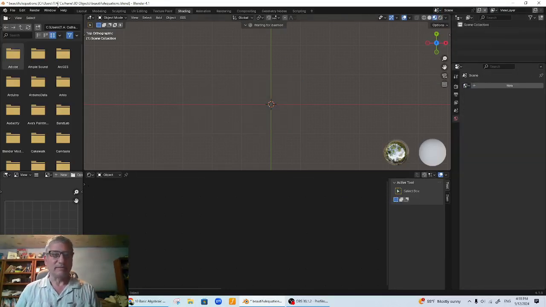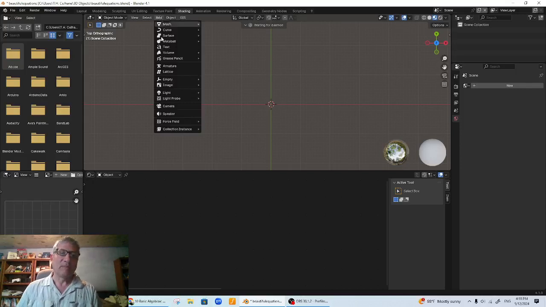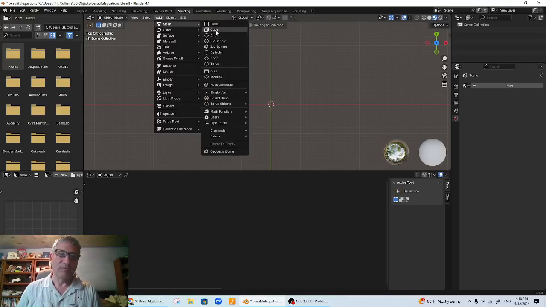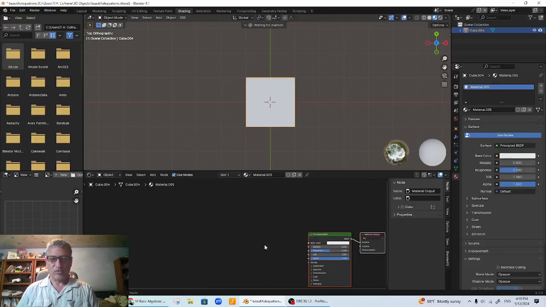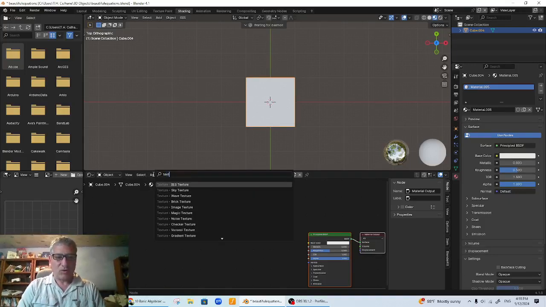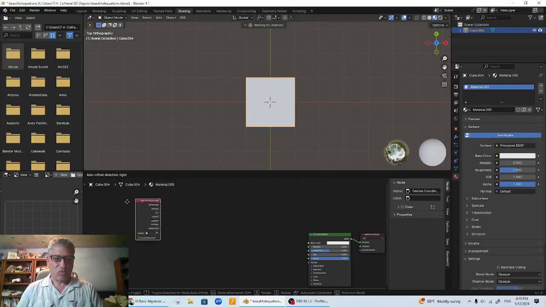And remember, this is a very quick procedure. You add a mesh cube looking down on it, and you create a new texture node tree. It puts in the principled BSDF and material output. We're going to quickly add our texture coordinate system. Drop that on the left.